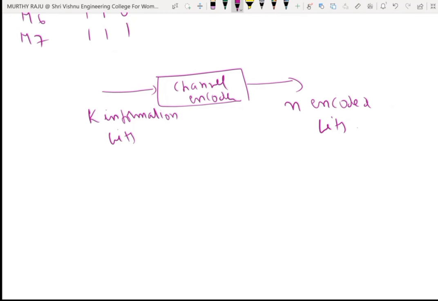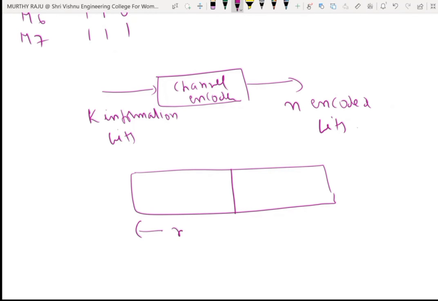Therefore, a linear block code is represented by an n digit code word, consisting of information bits and parity bits.